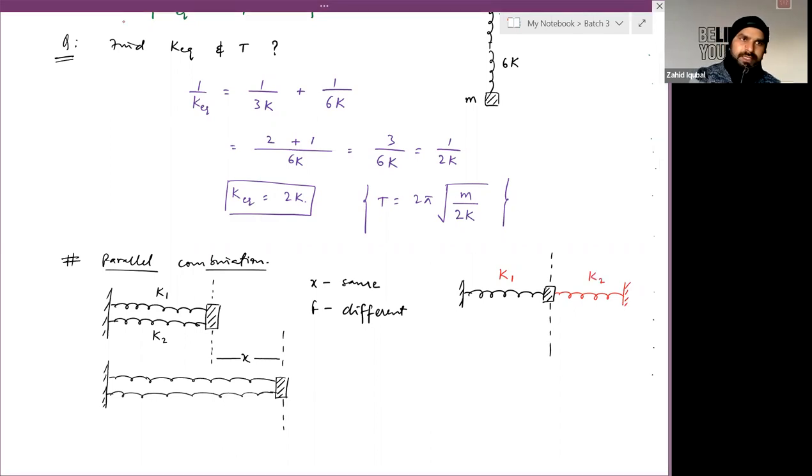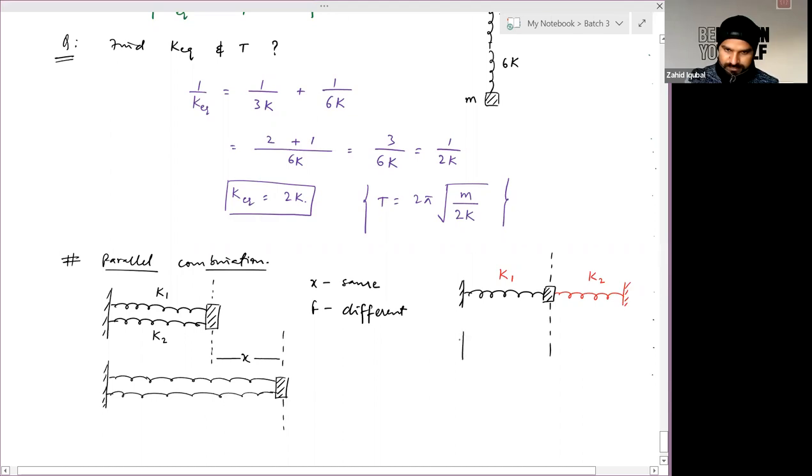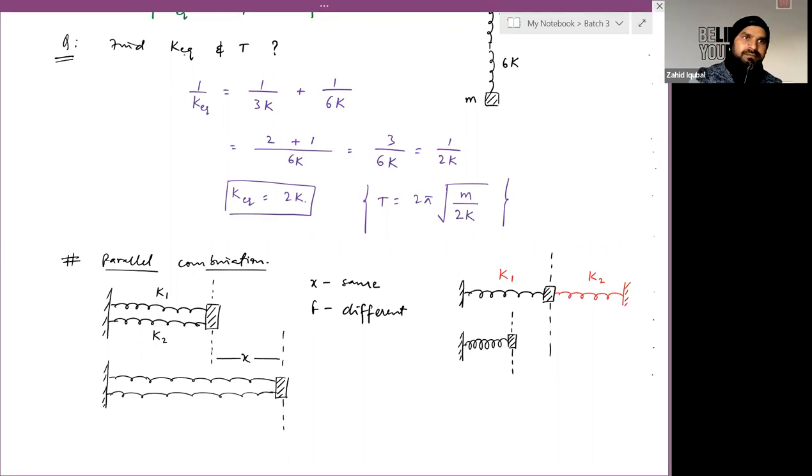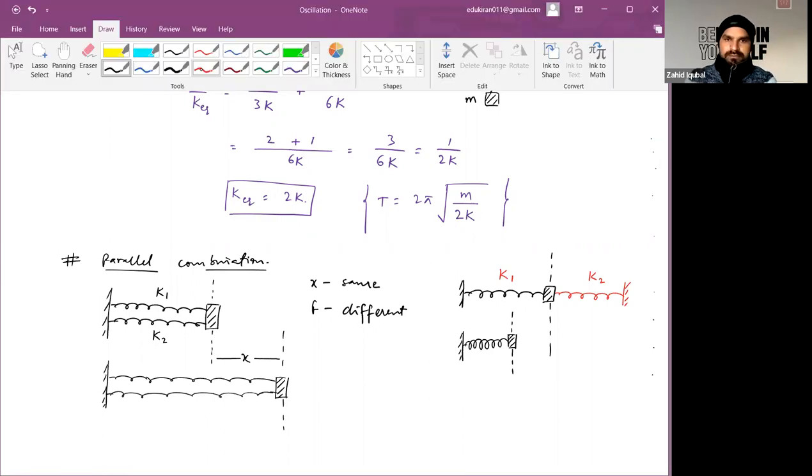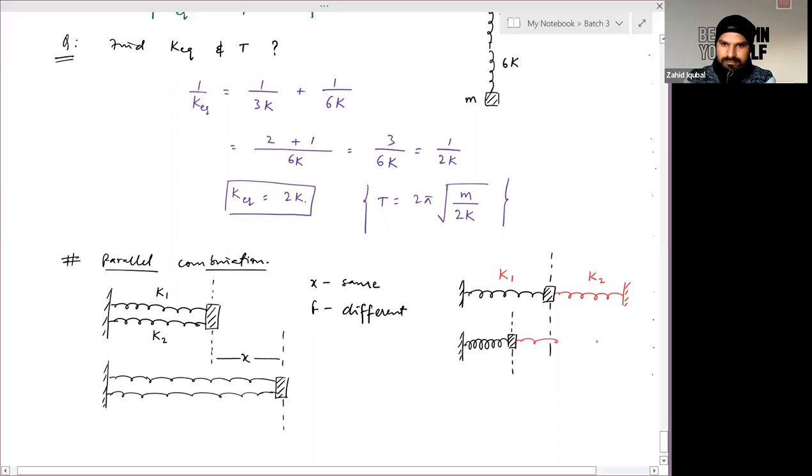Now, if you compress any one of them, it means X amount of compression will be in the black one, and similarly, X amount of extension in the red one.